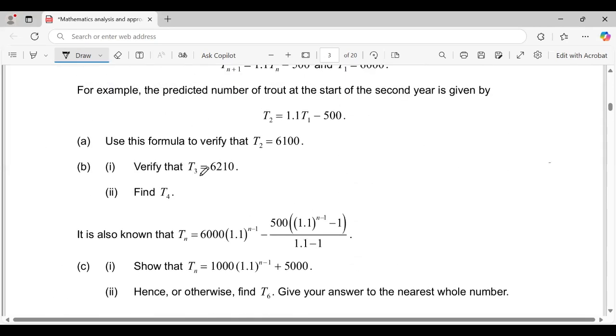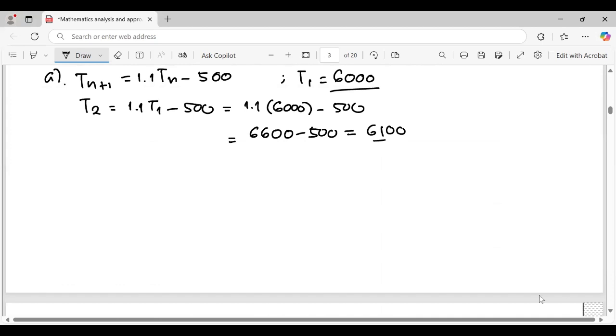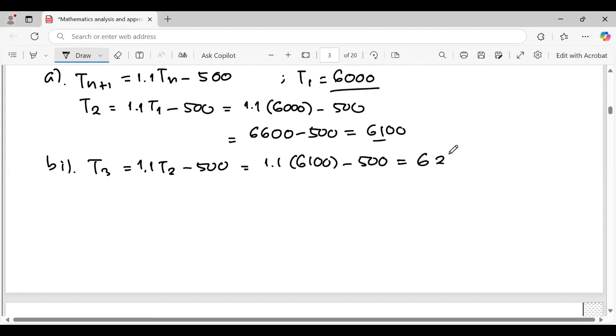Verify that T3 equals 6,210 and find T4. T3 equals 1.1 times T2 minus 500, so 1.1 times 6,100 minus 500, and if you calculate, the result is 6,210.